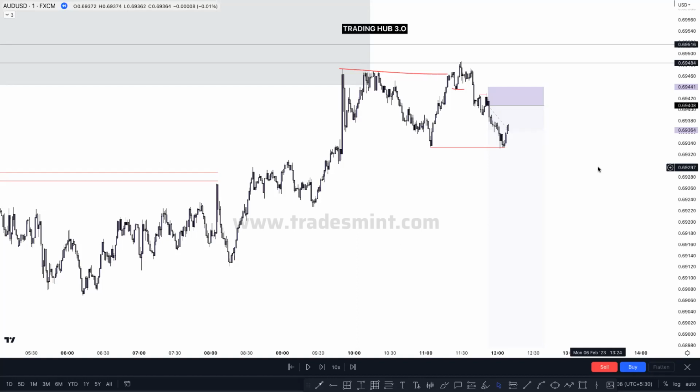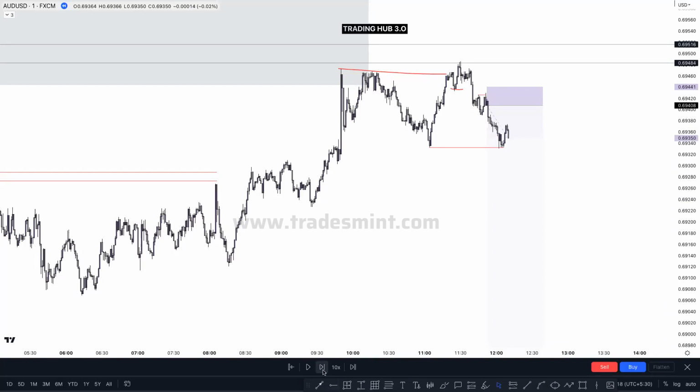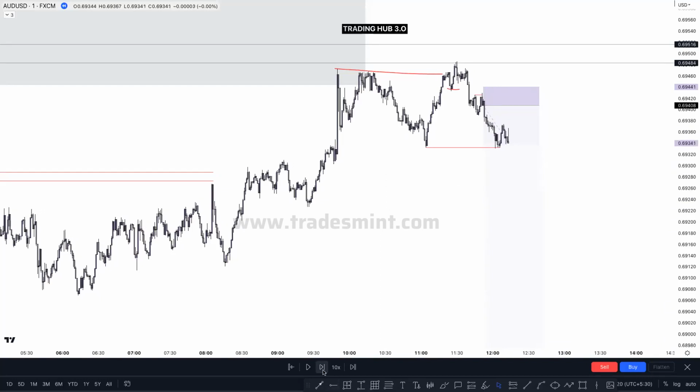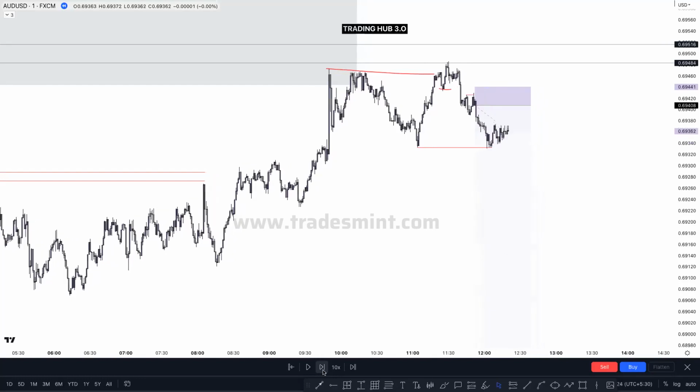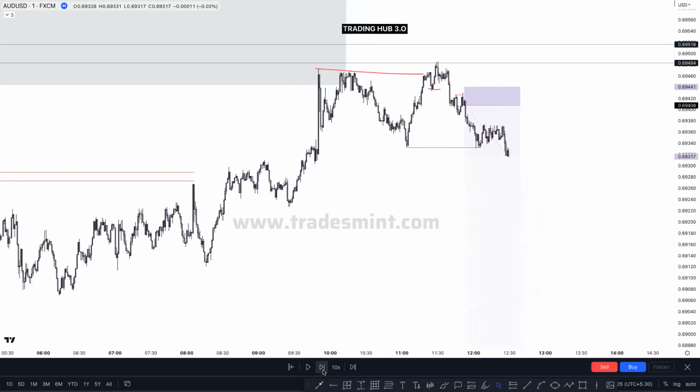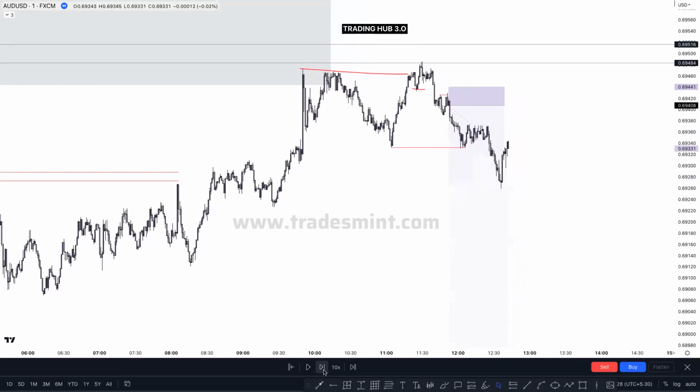So let's see what happened next after this one, and what we can expect here. All right. Okay. Now again, you have to switch here to a 15-minute time frame to see exactly what the market is doing here.